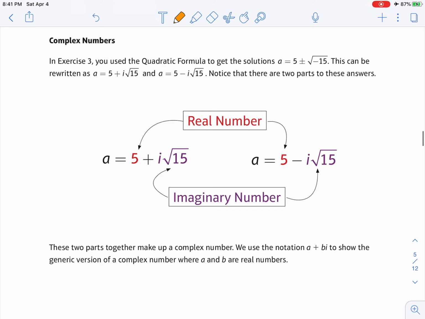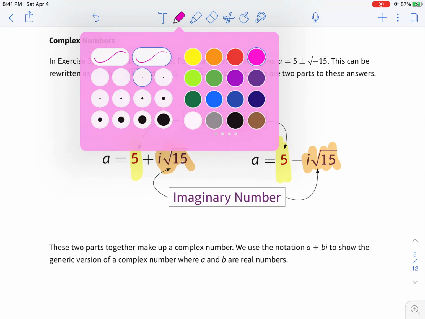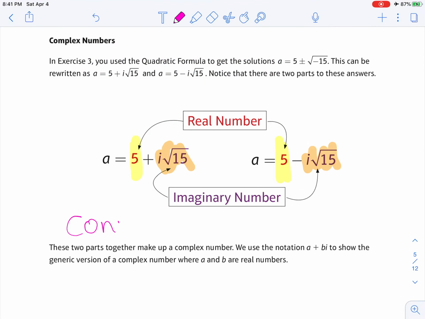Okay, so when we're dealing with complex numbers, the real numbers always come first. Then comes the imaginary number, the one that has the I. These two are what are called conjugates. If you notice, the only difference between them is one has a plus and one has a minus.